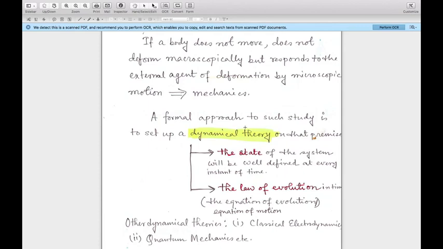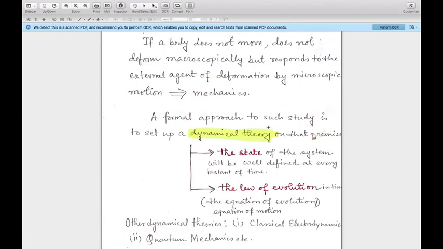Okay. So the basic message is that whether it moves globally or partially, or doesn't move, does matter. The thing is that whether it tries to move even microscopically, then we call it mechanics. Okay.